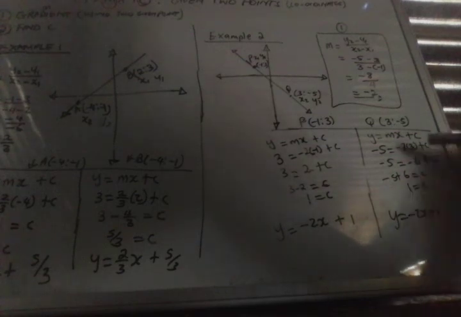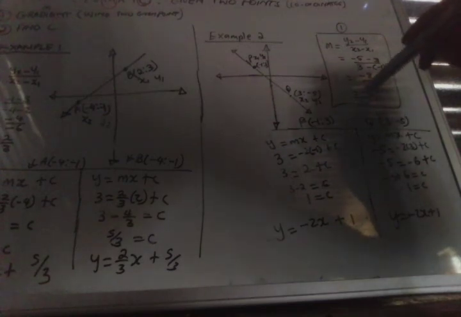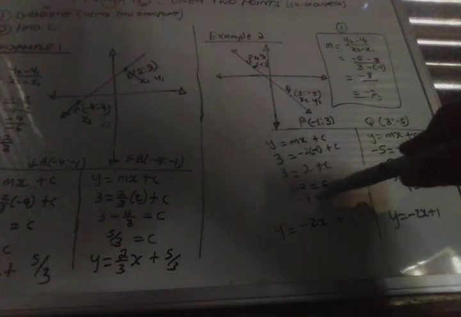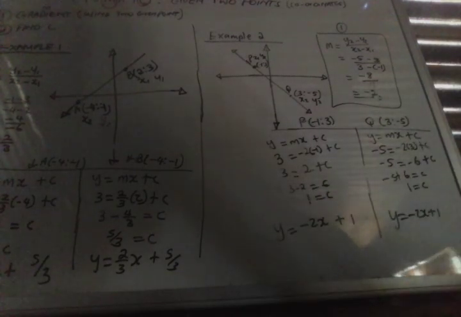In this instance, the value of m is -2, so I would substitute -2 where there is m, and C is 1, so I'll substitute 1 where there is C in my standard form.